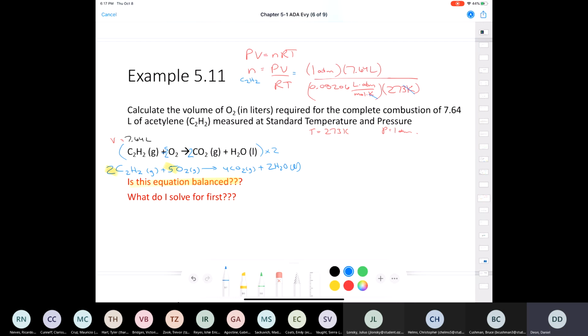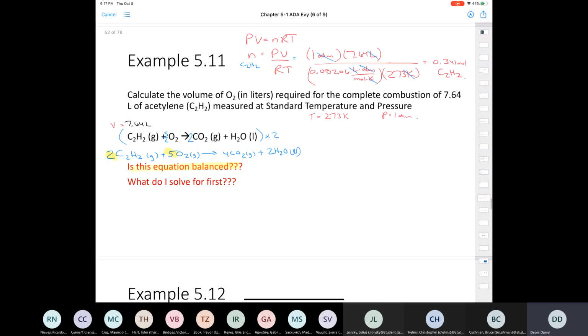Units of temperature cancel, units of volume and units of pressure cancel, and we're left over with the number of moles of acetylene gas. That number of moles is 0.341 moles of C2H2.